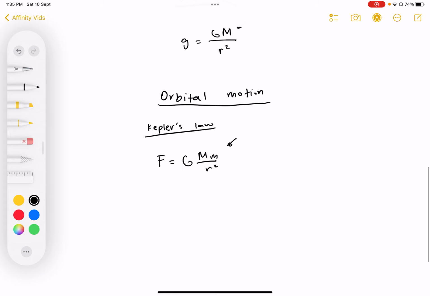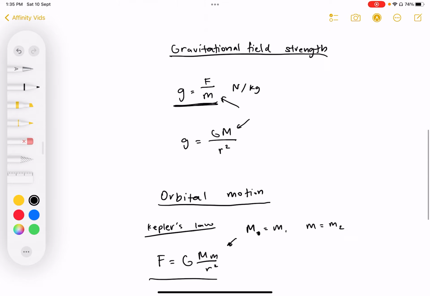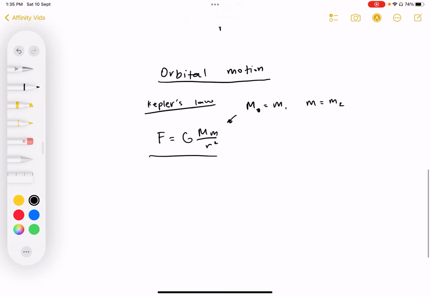I've written this slightly differently, but note that capital M is equal to our first mass, and small m is equal to our second mass. We know this from over here. And if you can recall from 6.1, another way to describe the force for circular motion is this. So when we combine these two equations together, we can derive Kepler's law. So I'm going to go ahead and do that right now.